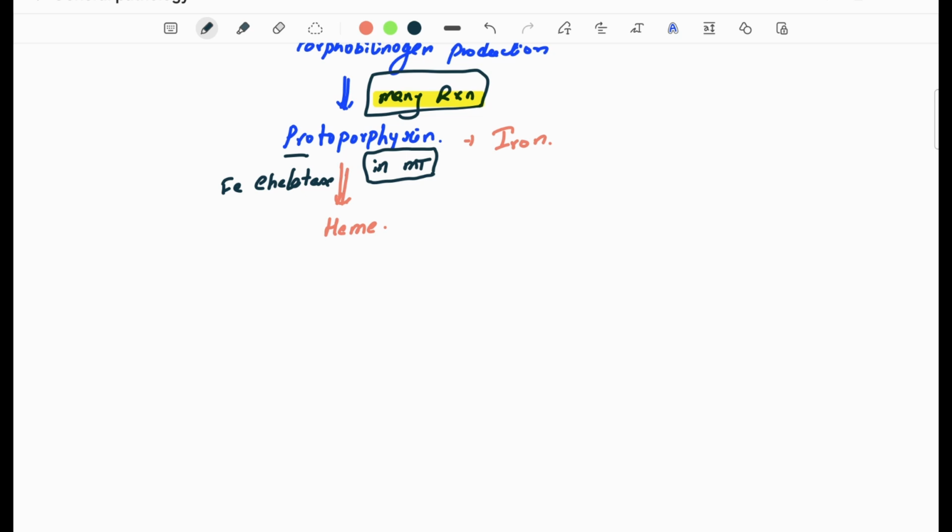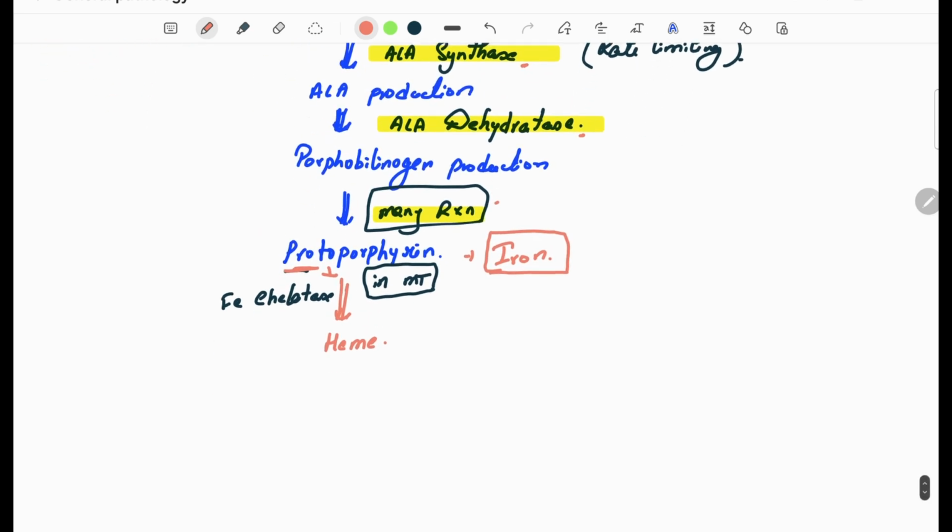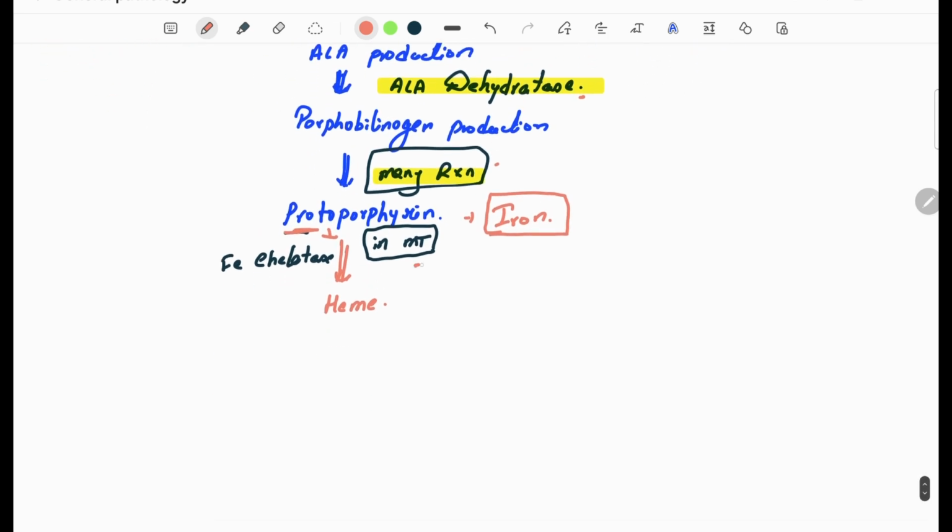Next, here we are having iron, but the problem is protoporphyrin is deficient here. Why? Maybe because of these enzymes, or maybe because of this mitochondrial poison, that is alcohol. Because of these conditions, protoporphyrin will decrease.